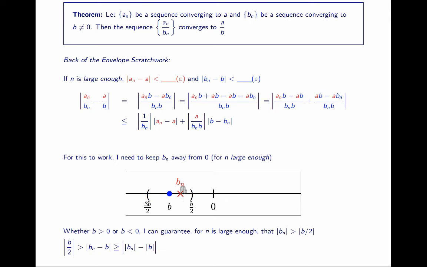And remember, that's my goal. I need to show that bn is bounded below in absolute value. In other words, I need to show that it stays a positive distance away from 0. So that's why I'm using a reverse triangle inequality, so I can get that lower bound on the absolute value of bn.